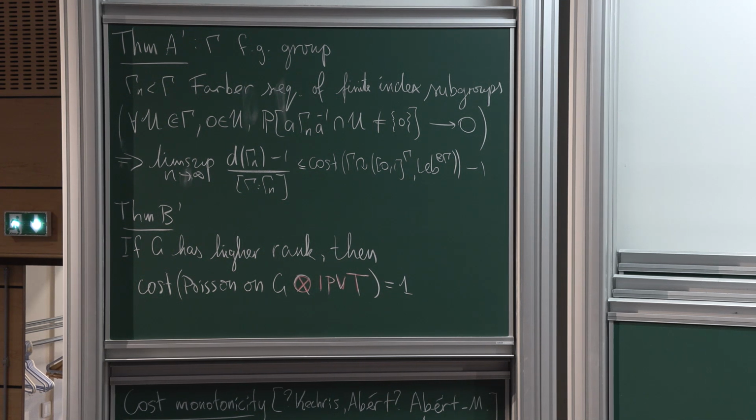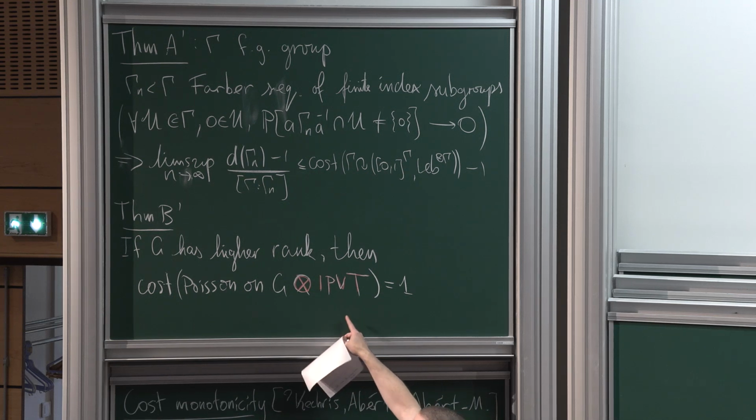And then we have theorem B, which is similar to the theorem before, except now what I claim is that the cost of this Poisson action on G times the IPVT has cost 1. Okay, so I explained in the first lecture why this thing is actually 1. And then today I will connect rank gradient to this cost. Okay? And it will go through this result, which is cost monotonicity.